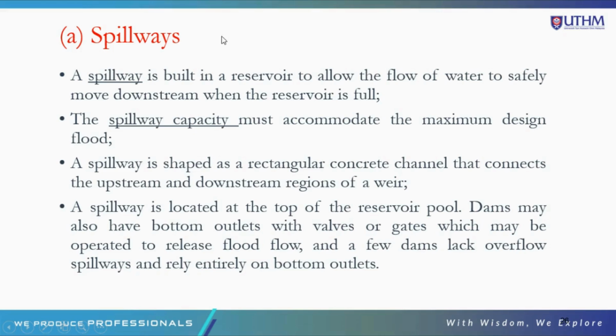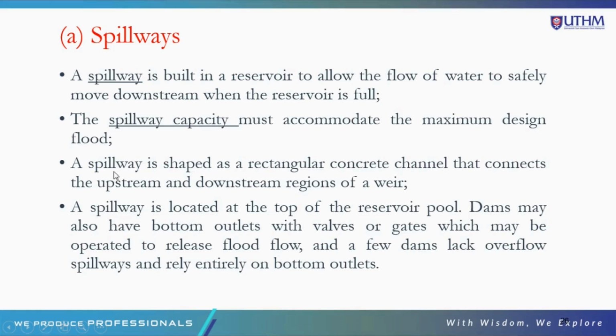What is the spillway? A spillway is built in a reservoir to allow water to move safely downstream when the reservoir is full. The spillway capacity must accommodate the maximum design flood.